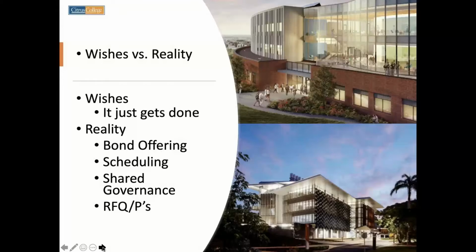So on the bond offering side, once bond counsel gets on board, there is a lot of planning that goes into it. A date is picked, and then what actually has to happen, our chief finance officer has to go to one of a couple different cities. If you're on the West Coast, typically it's the city of San Francisco.